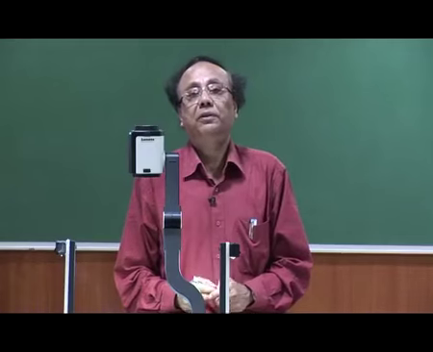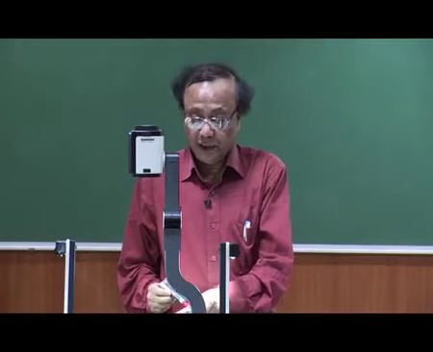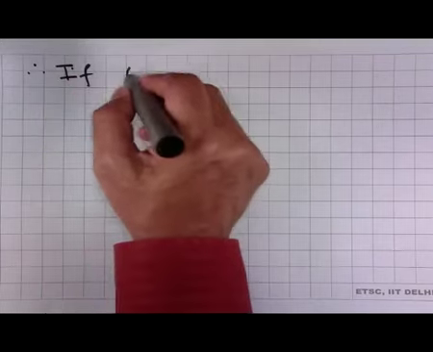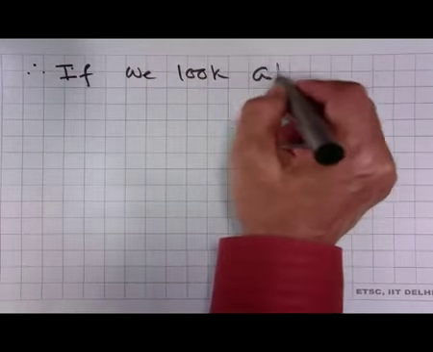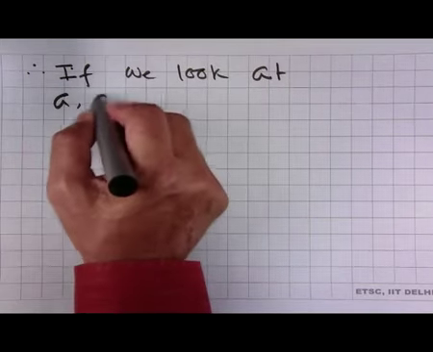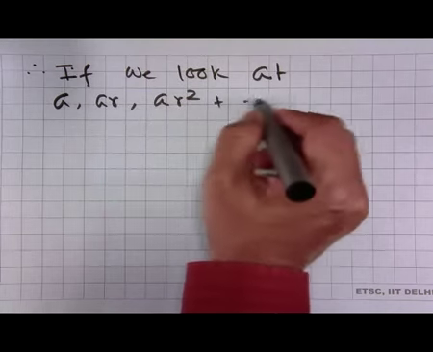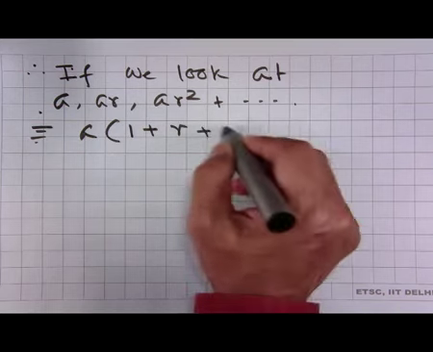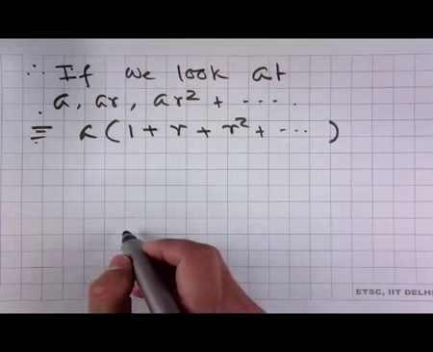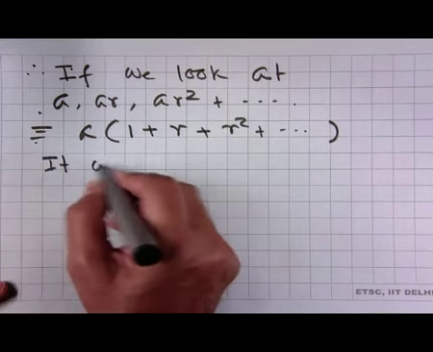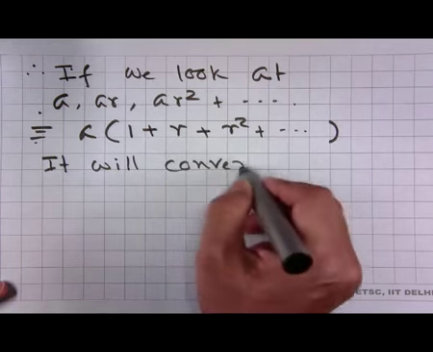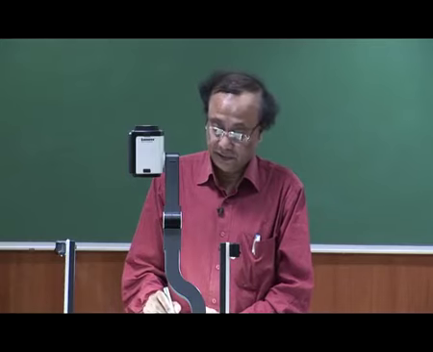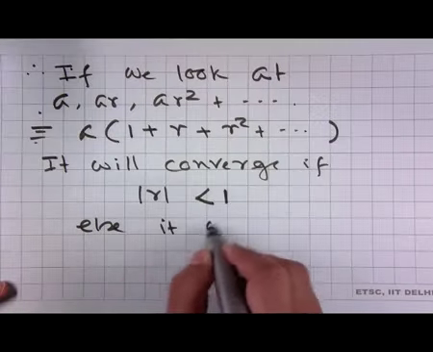Right? So, this is an important lesson for us. If we are talking about a, a r, a r square, which is equivalent to a into 1 plus r plus r square, it will converge if modulus of r is less than 1, else it will diverge.